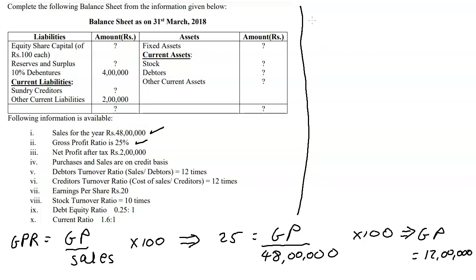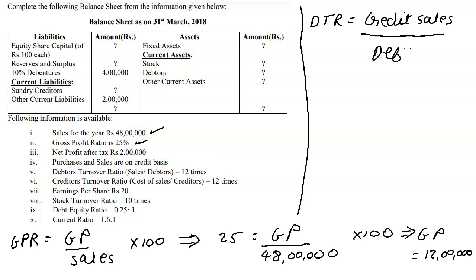Because the debtors turnover ratio is equal to credit sales upon debtors, and maybe bills receivable, but we've only been told debtors is there in the question, so it's going to be upon debtors. Because they've said all sales is on credit basis, that means the sales over here is going to be the credit sales here.